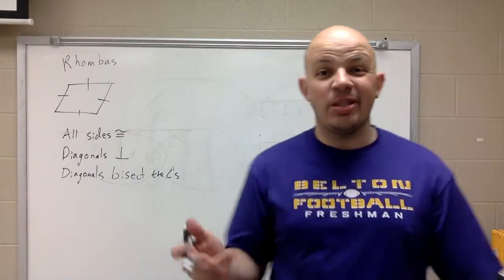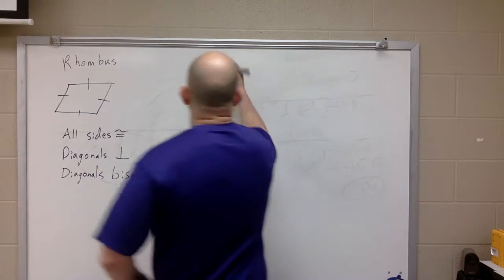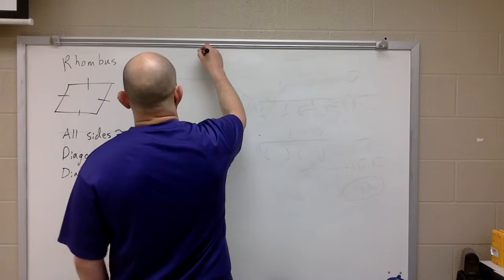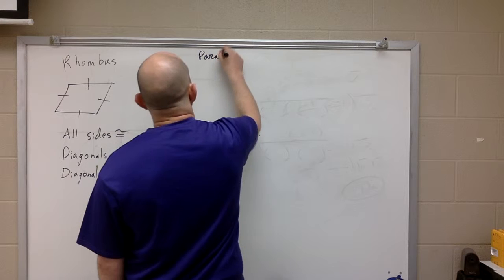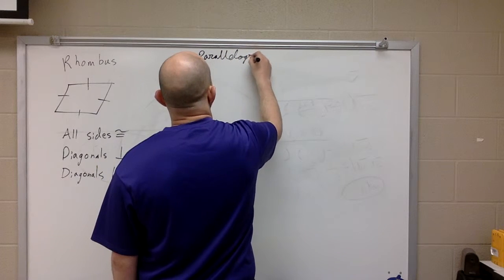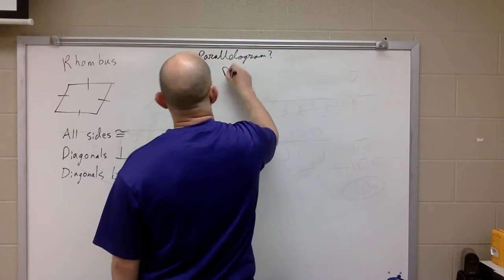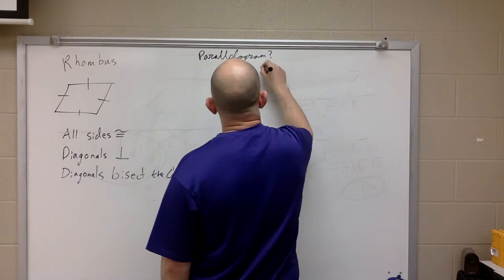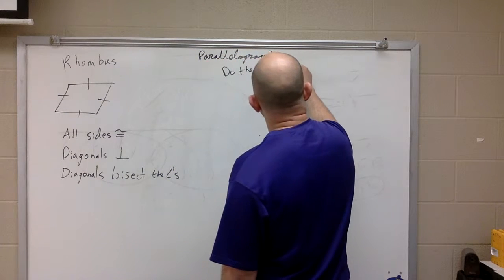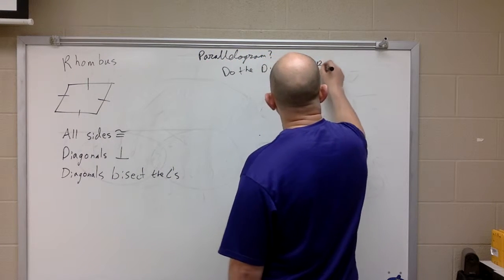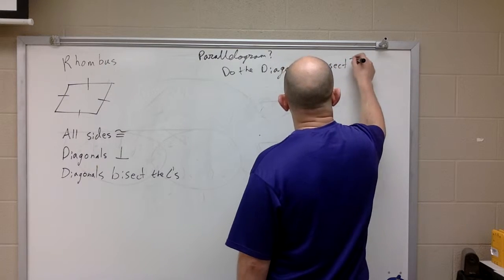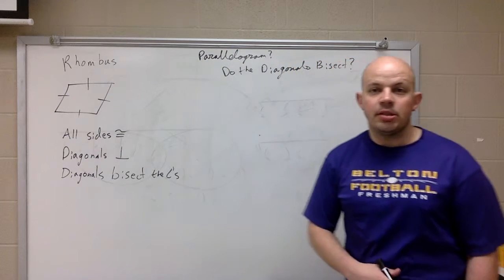If Rocco gets his choice of testing it, first off, for a parallelogram, remember my test is: do the diagonals bisect? Yes or no?